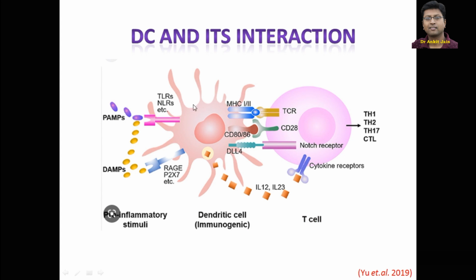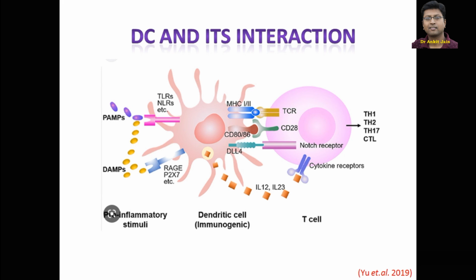So these are the different cell molecules, or the biomarkers, of the dendritic cell, like TLR, then NOD-like receptors, then RIG, then CD80 and 86 molecules, and MHC class I and class II molecules.